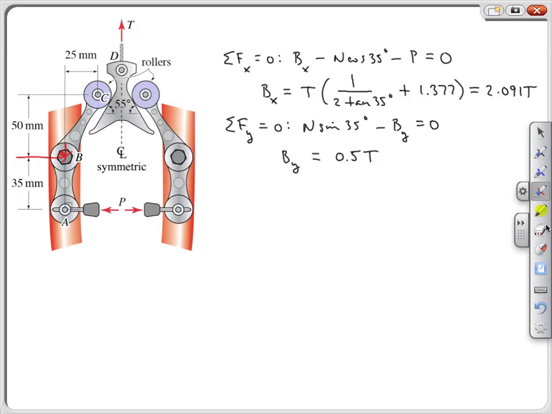So over here, we are going to make this very shallow angle bearing force. Here will be the resultant. And in fact, we can calculate what this angle alpha is here for the resultant bearing force. That value of alpha will be the arc tangent of 0.5 over 2.091, and that ends up being 13.4 degrees.